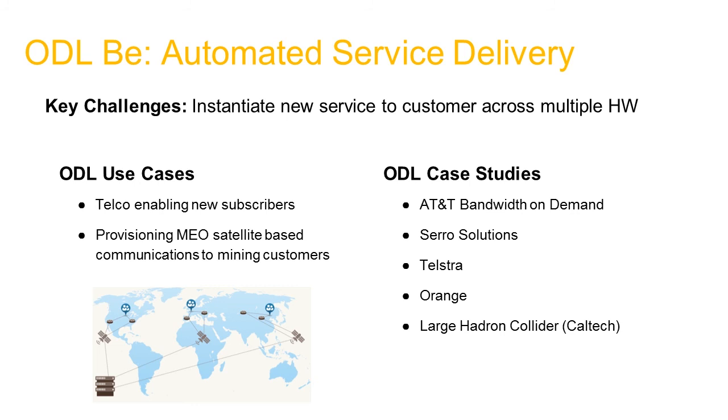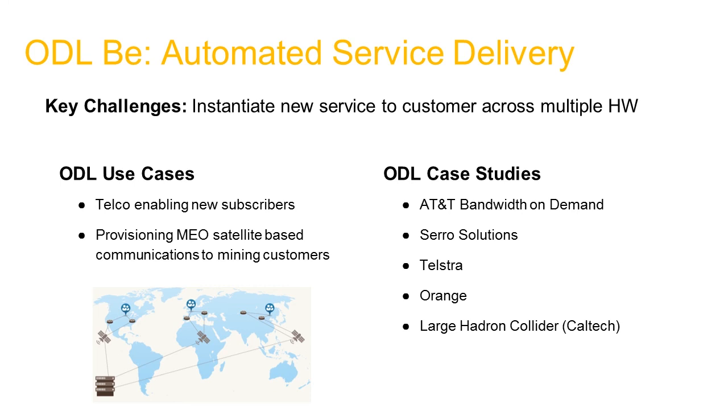Yes, it is. Okay, and so this is the satellite system, where a lot of their customers are essentially mining operations and things like that who need satellite connectivity. And so they are using OpenDaylight to orchestrate satellite links to provide connectivity to remote locations.